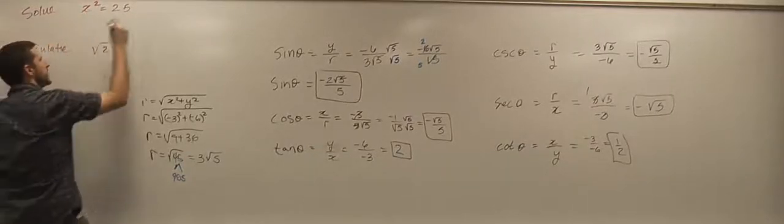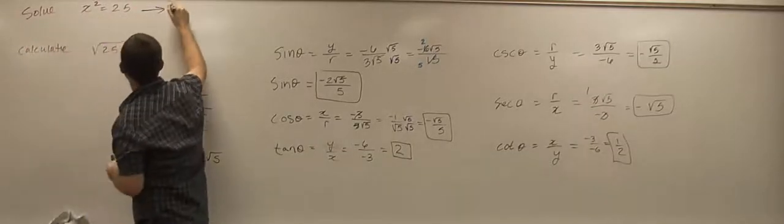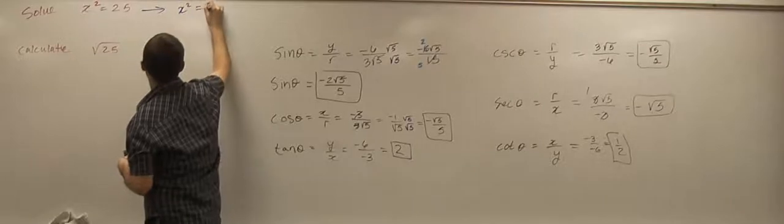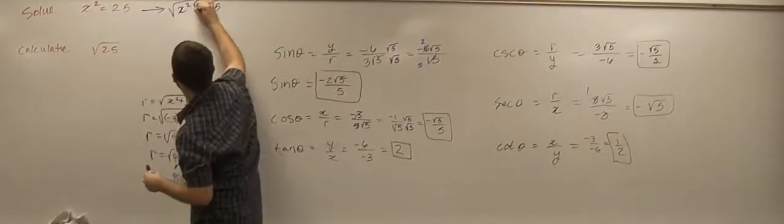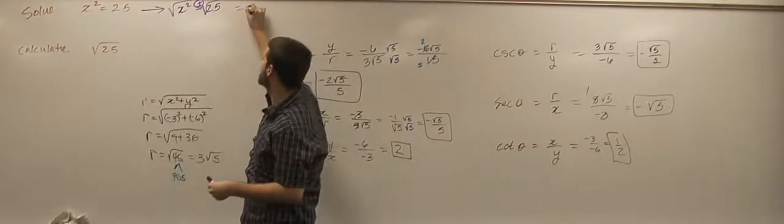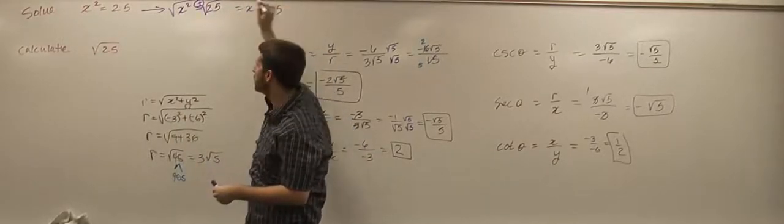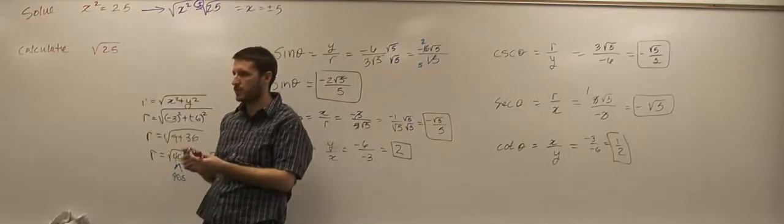So when you solve this, we invented something called the square root property, where you just take the square root of both sides, but add a plus or minus. You add that plus or minus in manually. And then you get x equals plus or minus 5. But this is totally different. This is saying I only want the positive square root.